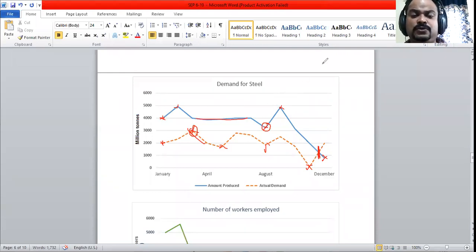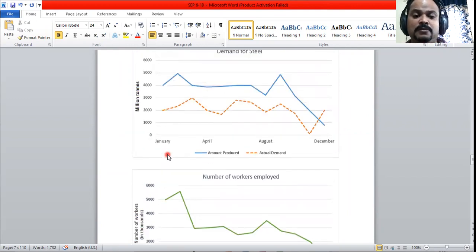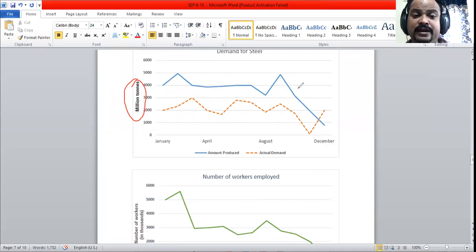When we move to the number of workers employed, you can say that the number was 5 million. I will tell you one thing: this is in million tons.